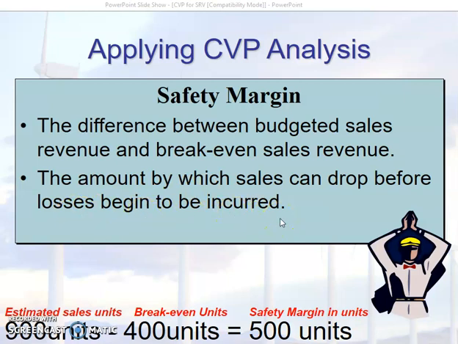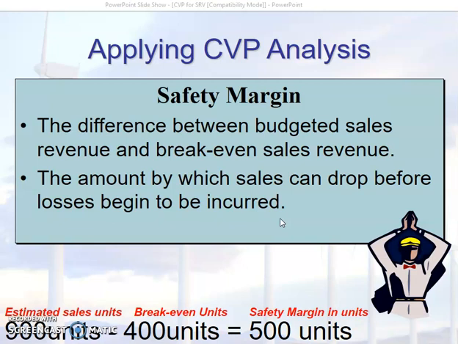So if we budget for 900 units based on that target income of $100,000, well, that doesn't mean that we're going to sell 900 units. Now, if we sell more than 900 units, that's great. But let's say that we fail to sell 900 units. Now, if we sell 875 or something like that, that's not a big deal.